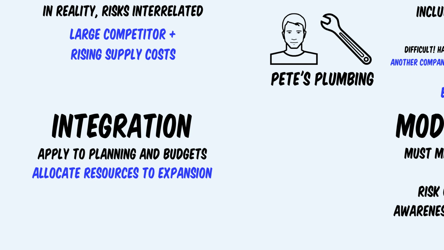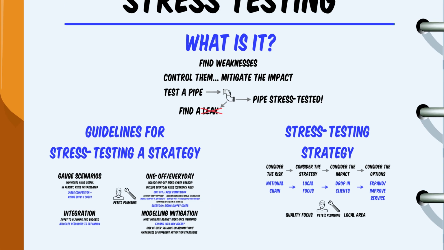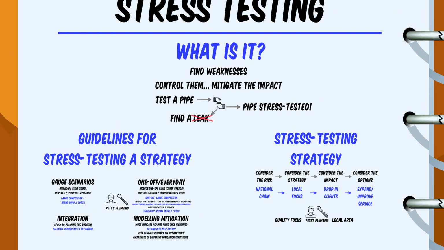So there's no good in planning to expand into this city should this national competitor move in and then spend all your money on your existing operations. So you actually haven't got any money available to fund this expansion when it comes round to actually needing to expand. So those are the 4 guidelines for stress testing a strategy.